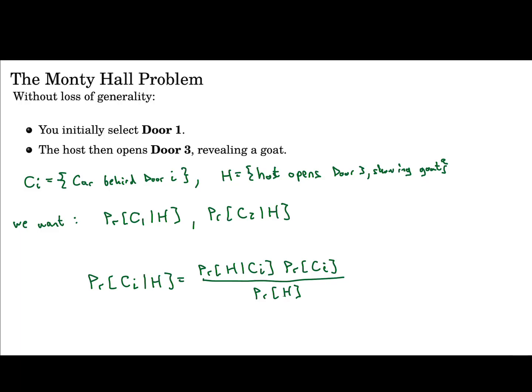Okay, so to compute this, we need to have the priors, and then we need to be able to have these conditionals here. And we saw that this one, you can just compute from the law of total probability if you have all expressions of this kind. So let's do this.